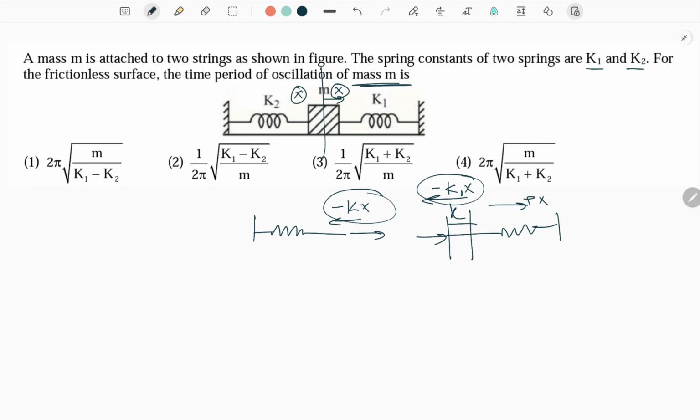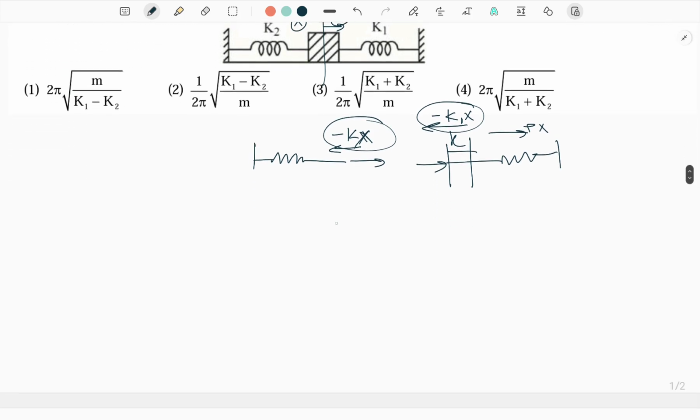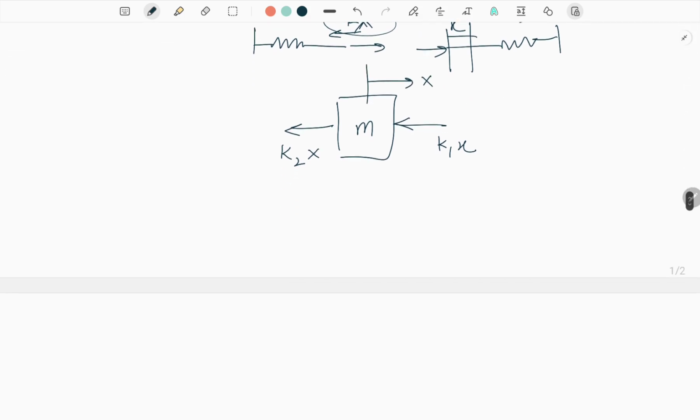Here the displacement for both springs is the same because both are connected with the same mass. So if we draw the free body diagram, we have minus K1x and minus K2x.